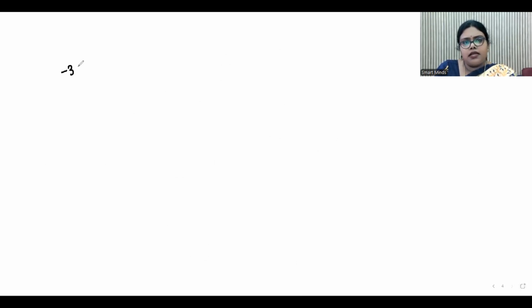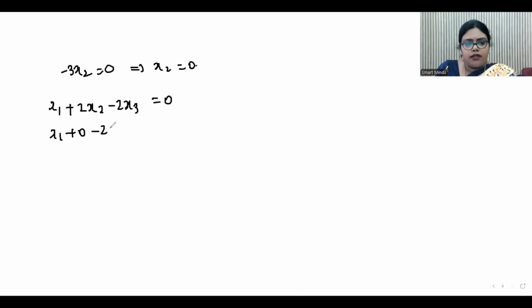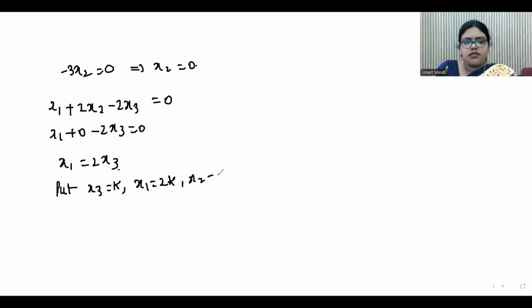Now minus 3x2 is 0, so x2 is also 0. Now if you substitute this in the first equation, you get x1 plus 2x2 minus 2x3 is 0, right? So x1 plus 0 minus 2x3 is 0, so x1 is equal to 2x3. So if you put x3 is equal to k, then x1 will become 2k and x2 is 0. So what is the first eigenvector? First eigenvector is [2, 0, 1].